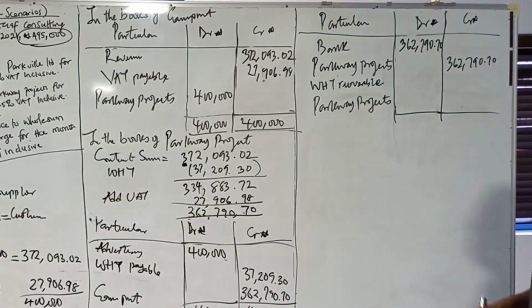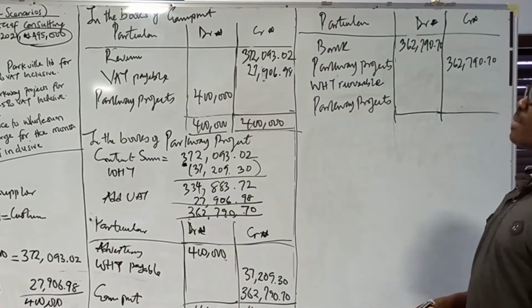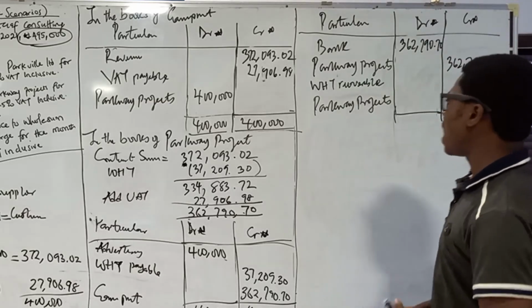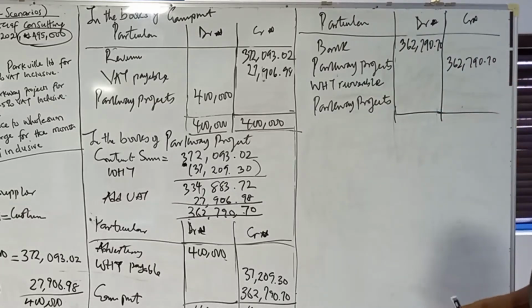So just so that the account of Pathway in the books of Graceman is clear, knowing fully well that the balance that is due is what Pathway has remitted to the tax authority, it is important for Graceman to raise an entry between the withholding tax recoverable and the account of Pathway project in their books.